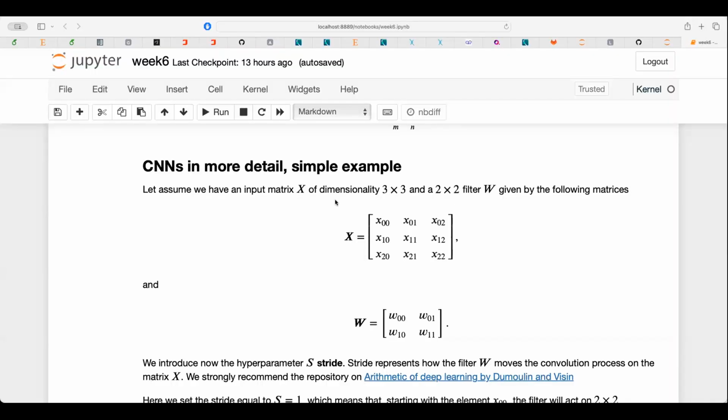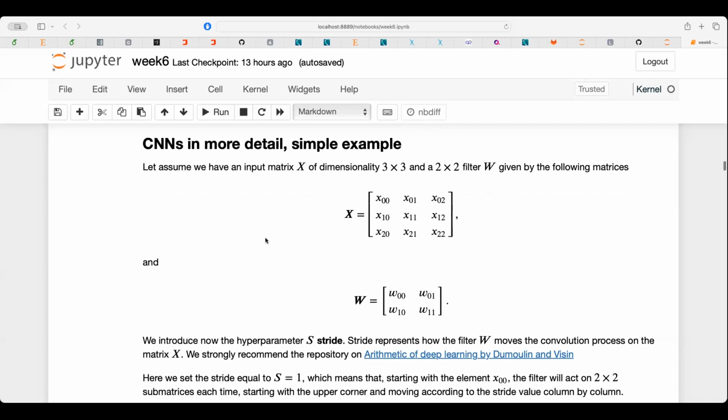So what we looked at before the break was a case where we have an input volume given by a 3x3 matrix. This could be a grayscale image with 3 pixels times 3 pixels, which would be a very blurred out image. I don't think we will be able to see much out of that.